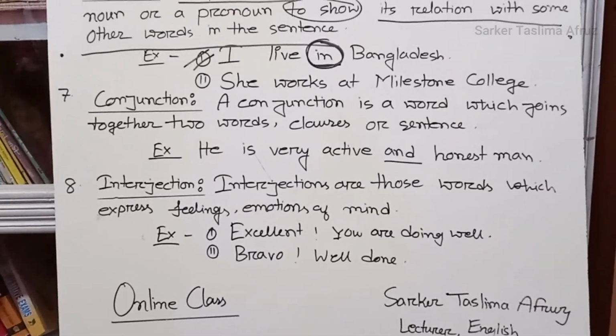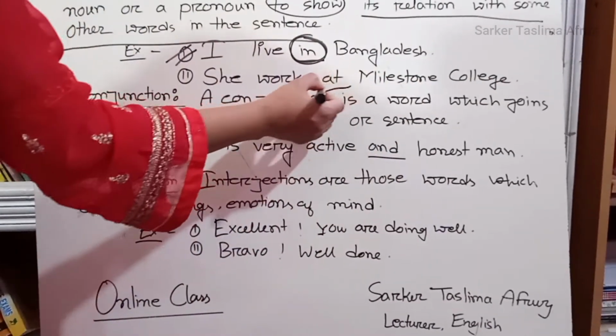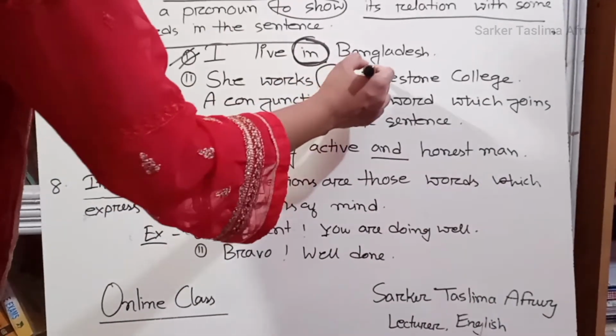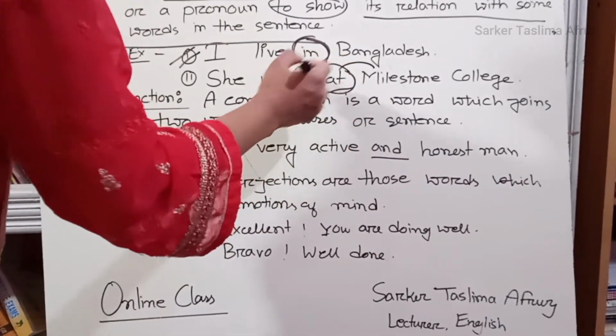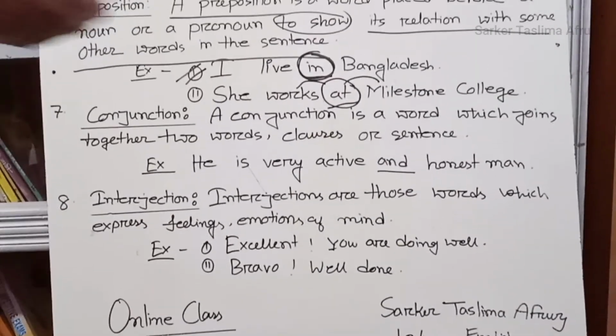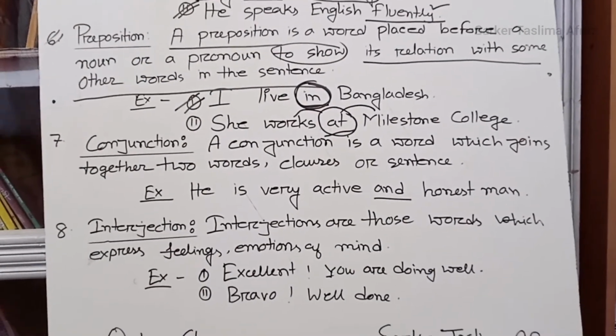Well, dear students, the next one is, she works at Milestone College. Here is at. This preposition makes a relationship with the entire subject. So I hope you understood. Basically, a preposition is used to make a relationship with some other words in the sentence.